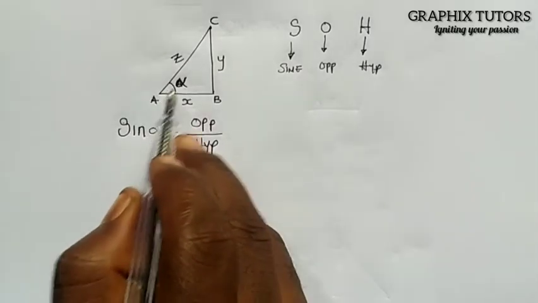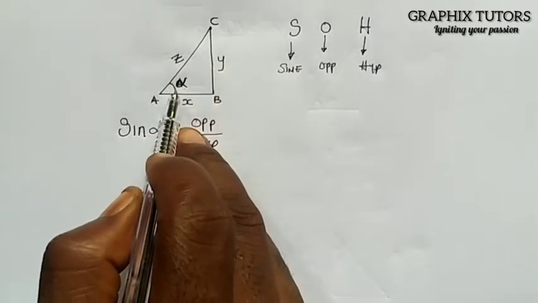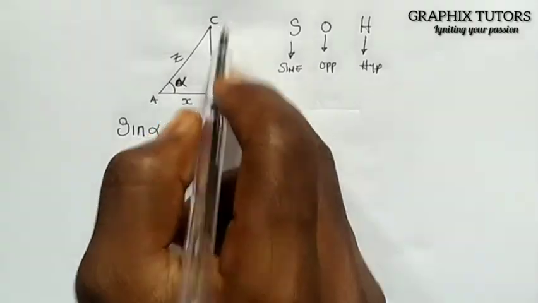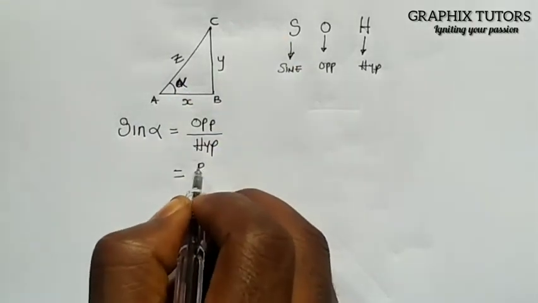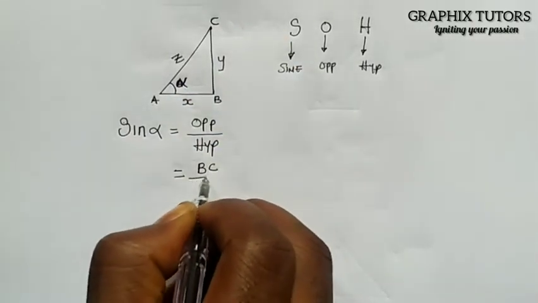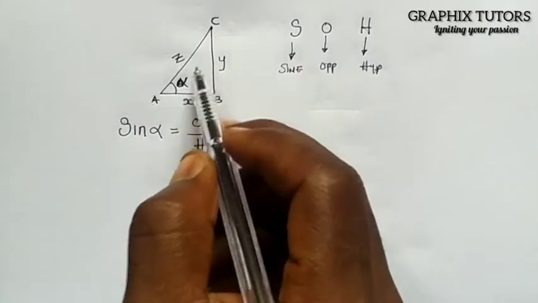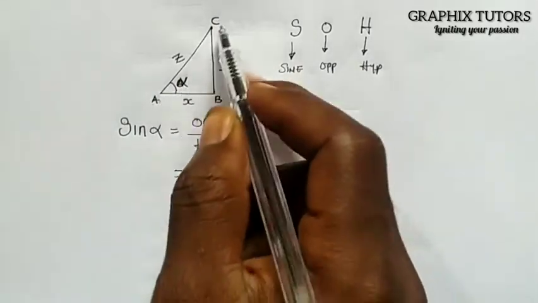My opposite is the side the angle I'm considering is facing, and that is BC. So BC all over hypotenuse, and this inclined part is AC.